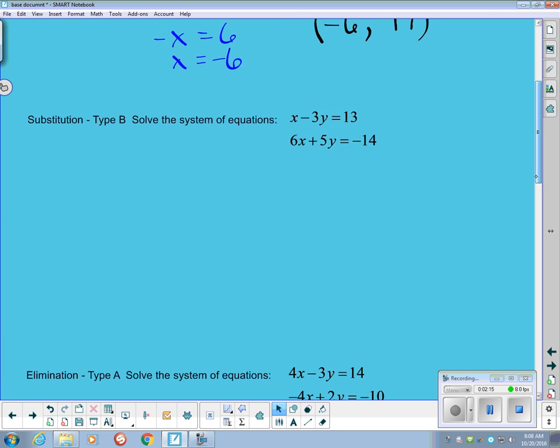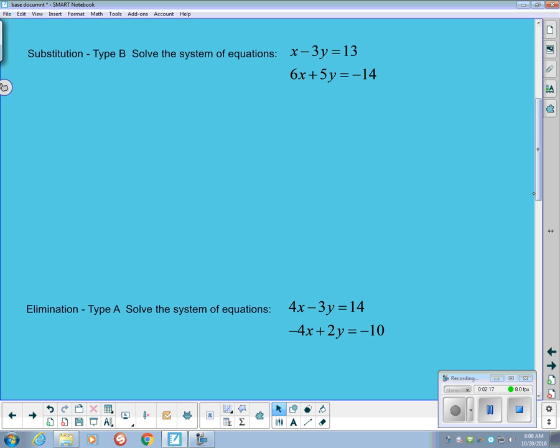All right. The next type of equation that we have is another system, but it doesn't directly say x equals or y equals, but we do have x showing up just by itself there, so we could change this equation into one that says x is equal to 13 plus 3y, and now we have an x to replace the x in this second equation.